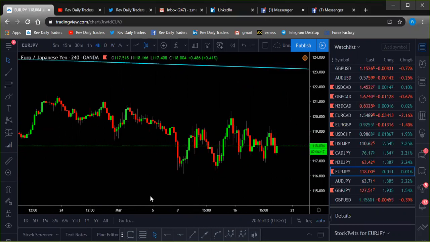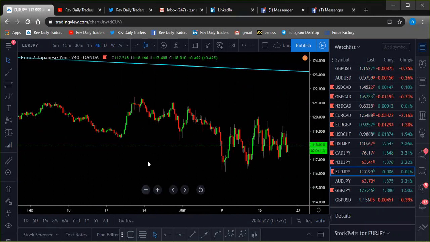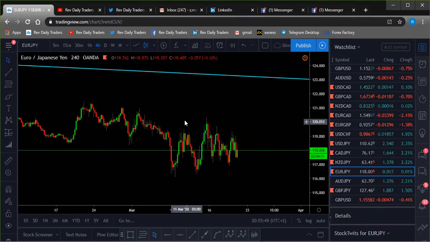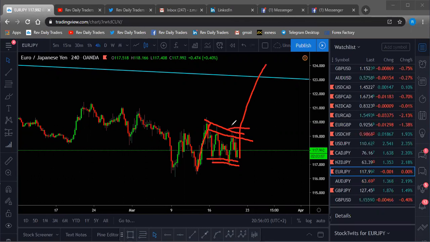At this moment, we are having this kind of pattern. It's an impulse, then we have a correction here, then you can buy the breakout here, okay?